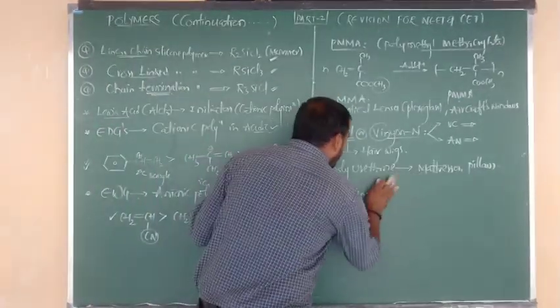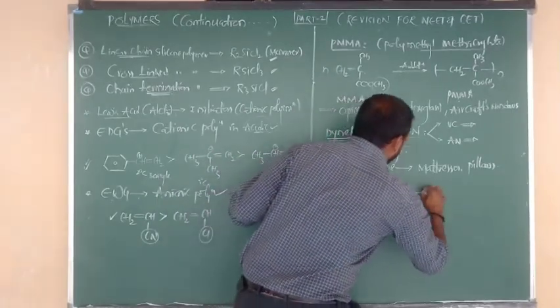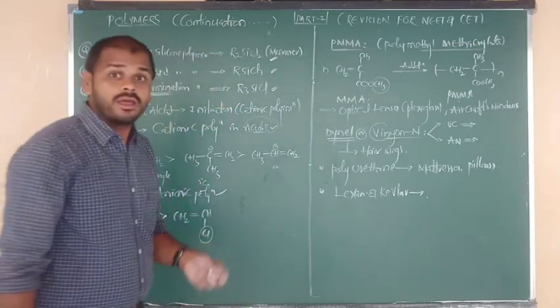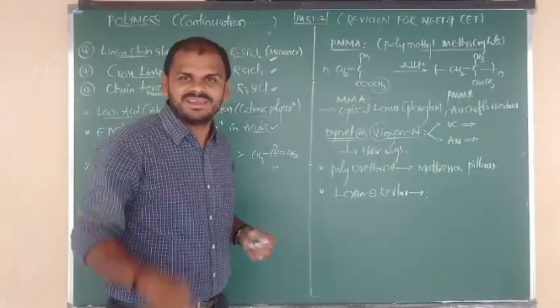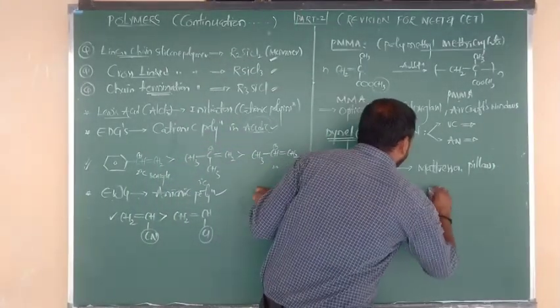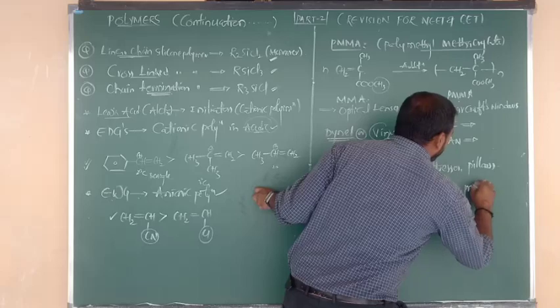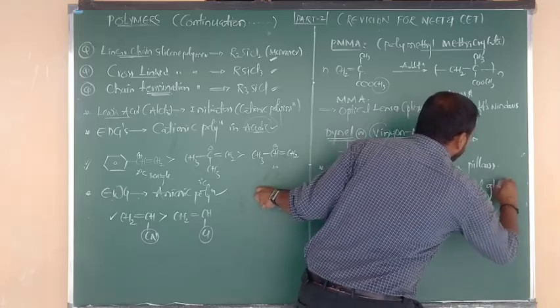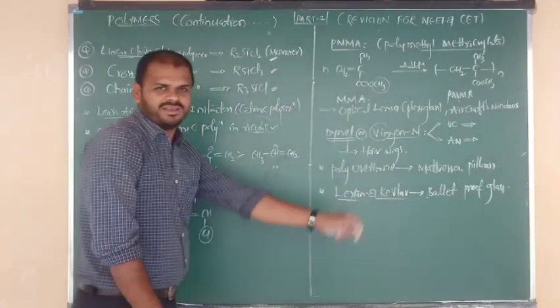Lexan and Kevlar are both polymers. These polymers are used in making bulletproof glass materials. This is also a repeated question. Bulletproof glass materials or bulletproof windows are made with Lexan and Kevlar polymers.